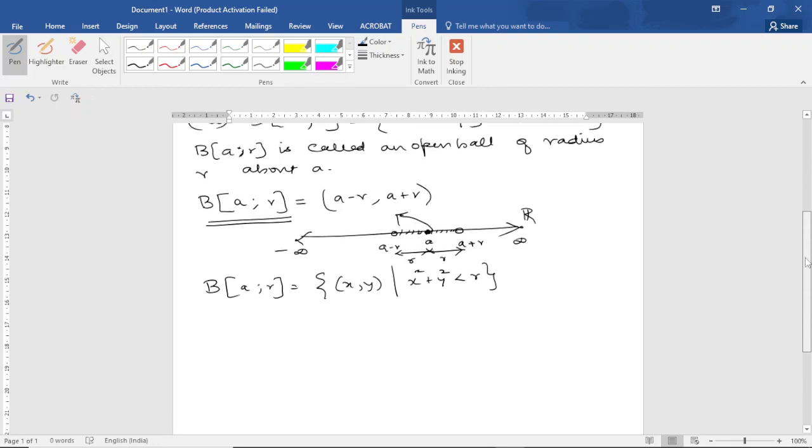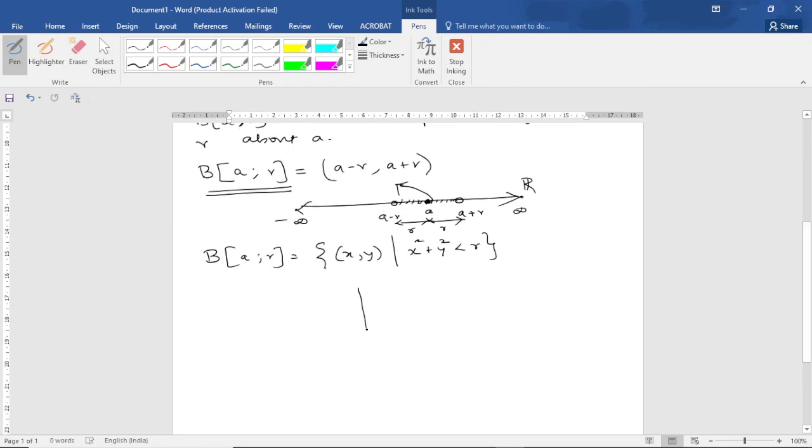It is a disk. Suppose this is the center; the boundary is not considered, which is why we put a dotted line.